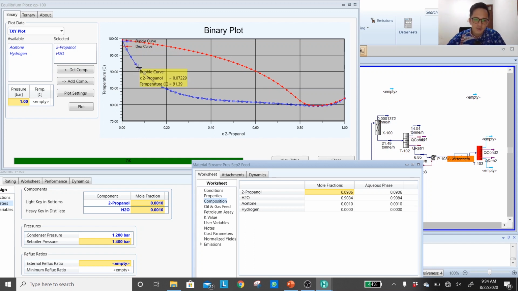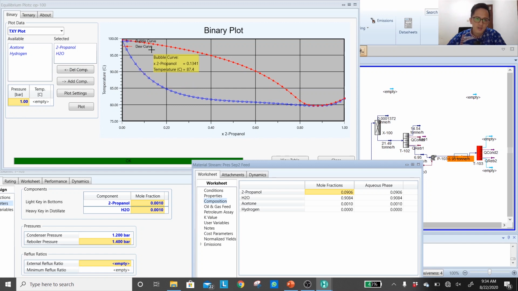of propanol and close to 90% of water. In that case, it's impossible to get two pure compounds at the top and at the bottom, because now we are working in the left window. So I will say this is the left window before the azeotropic condition, and this is the right window after the azeotropic condition. We can only work in this left window, because that is our feed location, 10% or 9% of propanol.